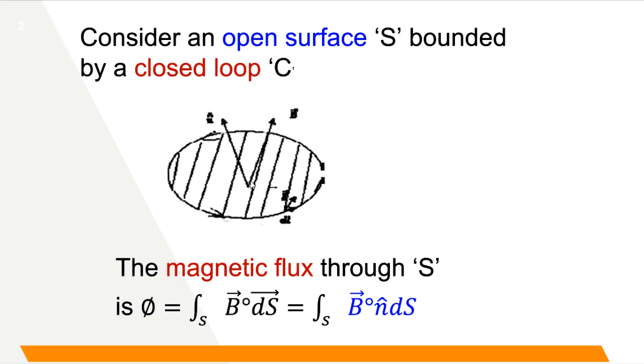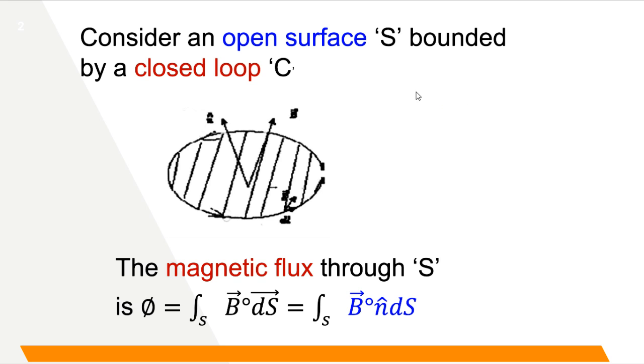The magnetic flux through any surface, which you also studied earlier, is phi equal to NAB cos theta, where N stands for the number of turns, A for the area, B for the magnetic field strength, and theta is the angle.